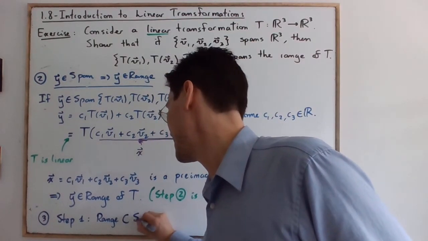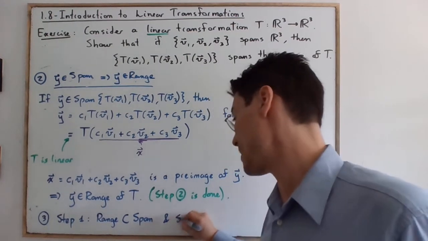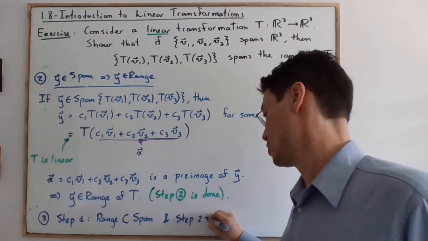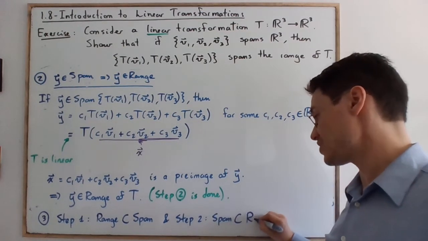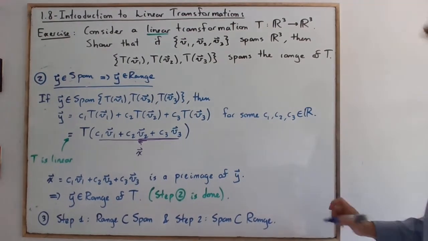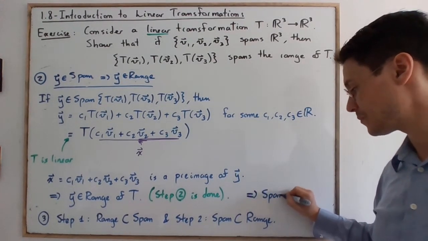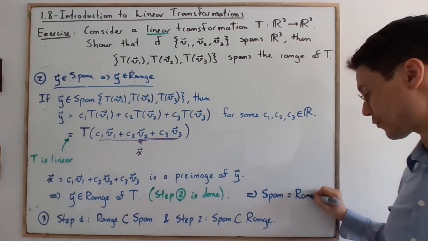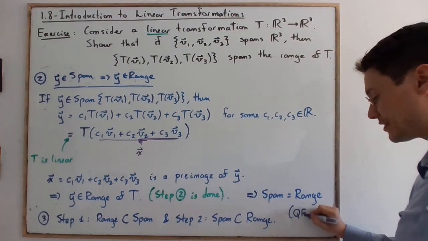And in step 2, we proved that the span is contained in the range. So as a final result, the span is equal to the range. And this is what we wanted to prove.